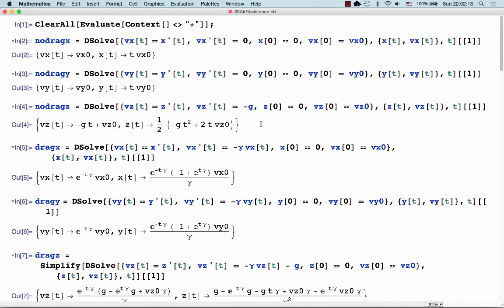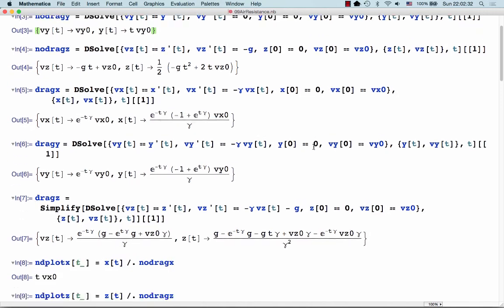So here is the solution for the no drag case, for instance. There's the z component of the velocity, and then there's the z coordinate itself, and I had similar solutions for the x and y coordinates, and we'll make the y 0 at some point.